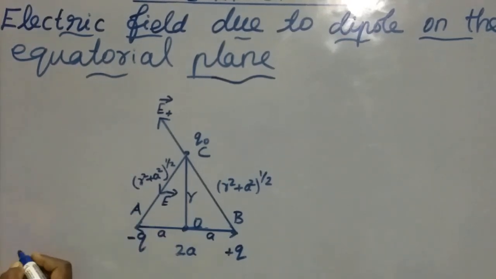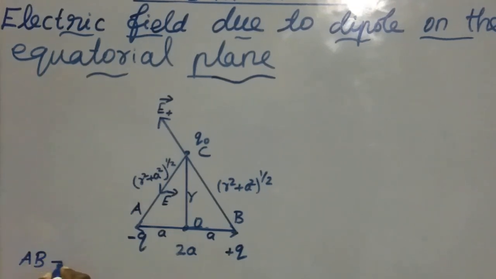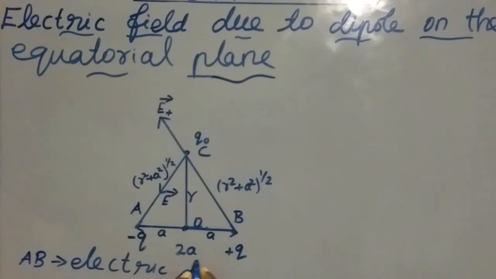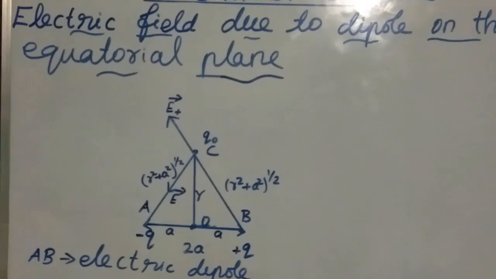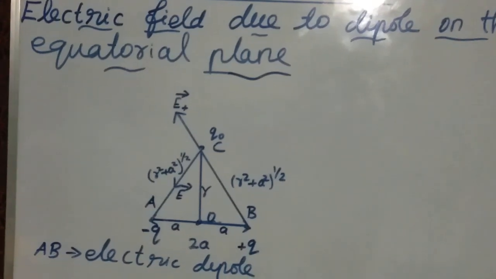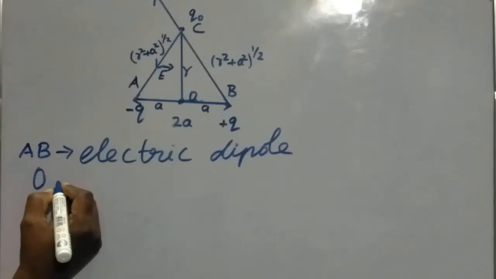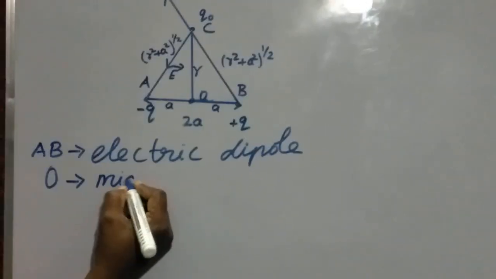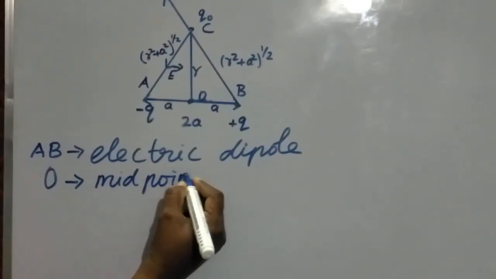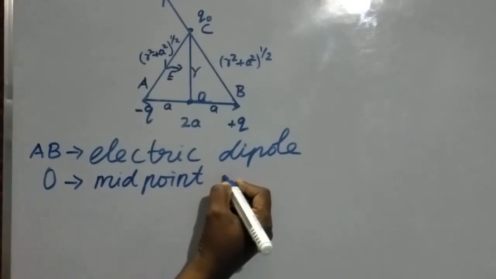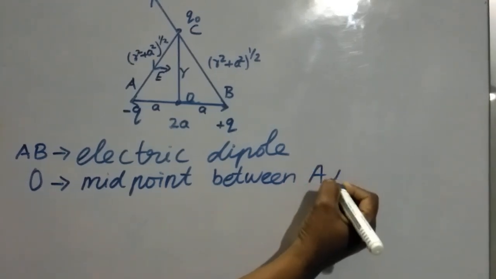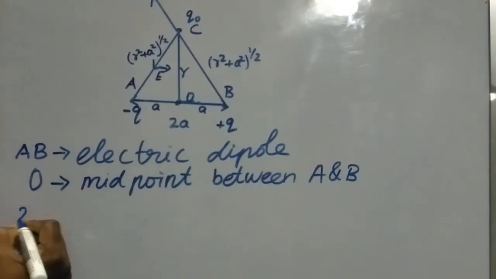Okay. Now we are going to explain these terms. What is AB? It is an electric dipole. O is the midpoint between A and B. What is 2a?